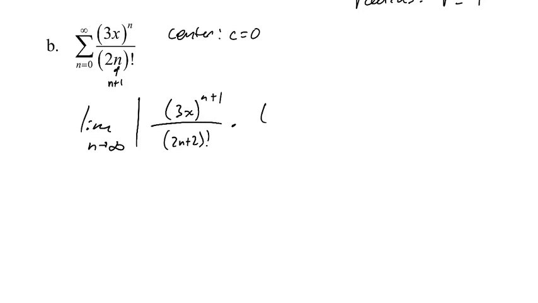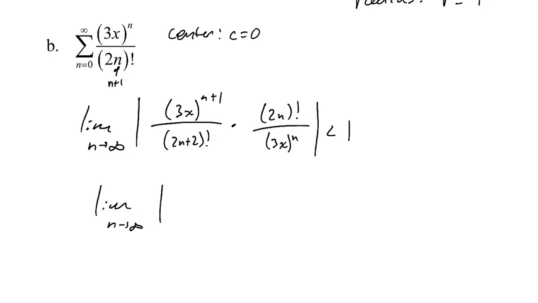And then flipping it will be (2n) factorial, 3x to the n, and I want this to be less than 1. So let's simplify. So I have 3x in the numerator, and that (2n) factorial over (2n plus 2) factorial will turn into 2n plus 2 times 2n plus 1, and I need this to be less than 1.